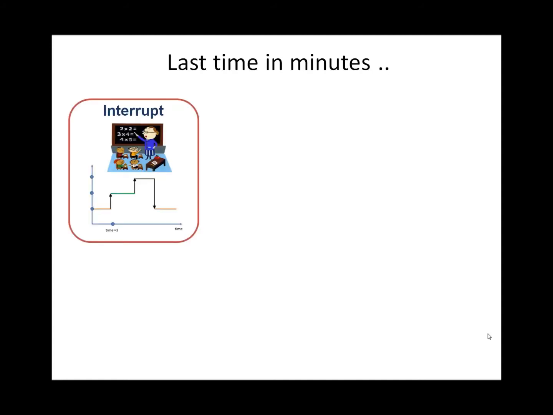So if you would like to summarize the last discussion sections in minutes, if you remember, we introduced the concept of interrupt. We took the example of a teacher and the students interrupting the teacher. The main loop in the mbed is like the teacher, and someone is interrupting the main loop to do some action and return back.